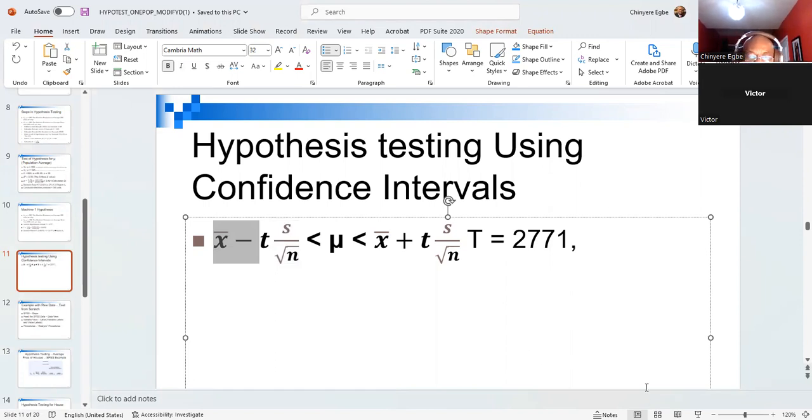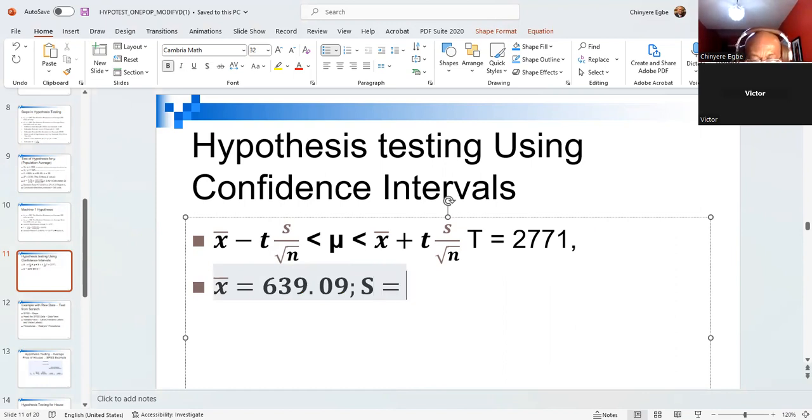Okay, so X bar equal to 639.09, right? And the standard deviation, I think you said was 60 point, let me look it up. 60.48.